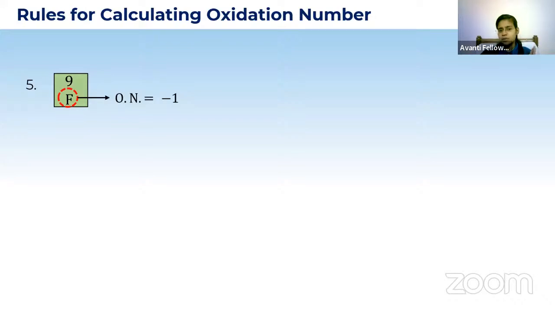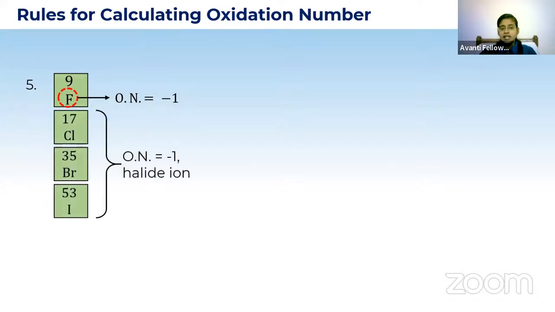Fluorine always takes -1 charge. It always gains an electron from the atom to which it is bonded. It never loses its electron. But the other halogens, chlorine, bromine, and iodine, also carry -1 charge.